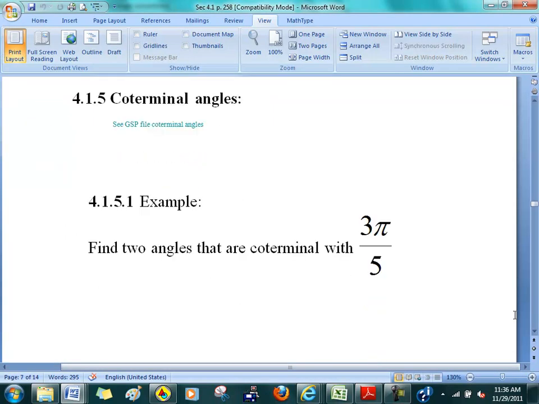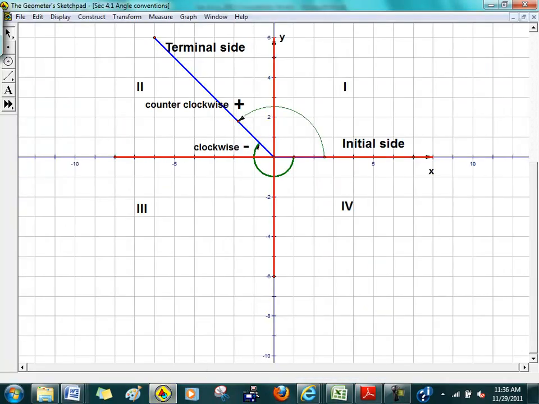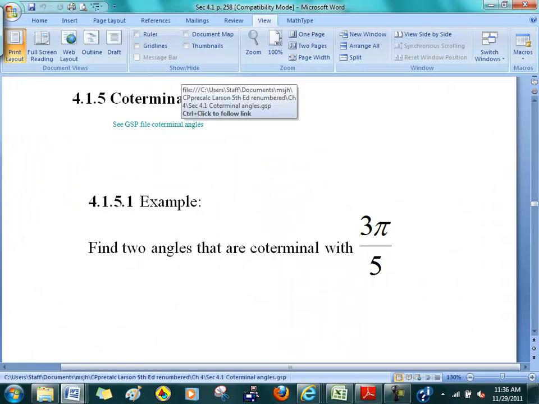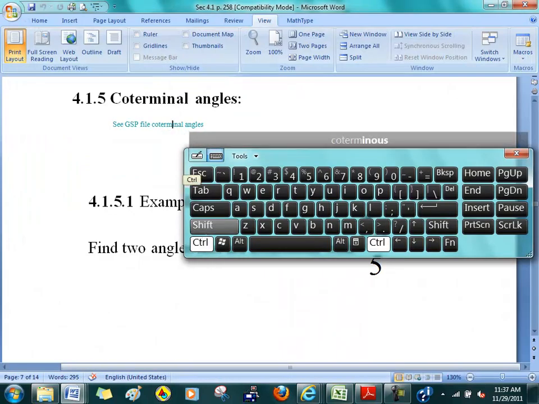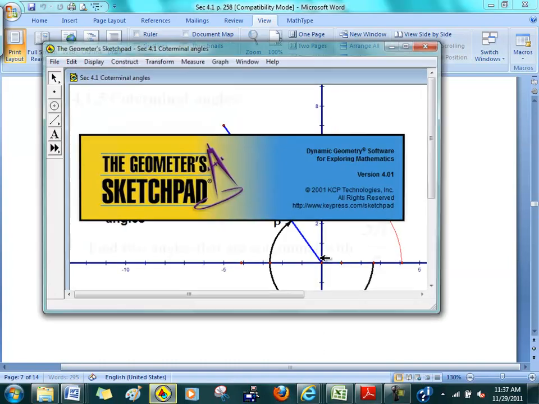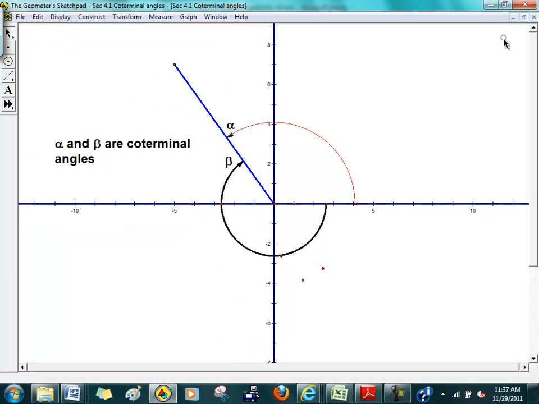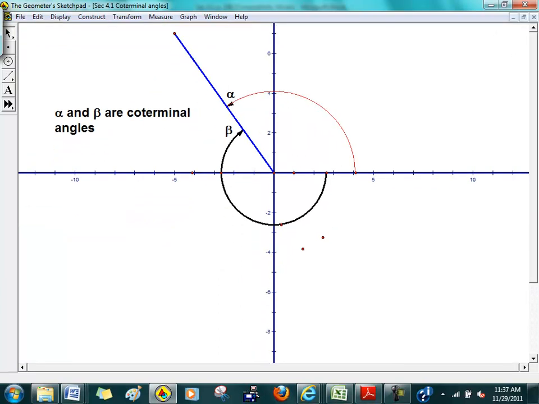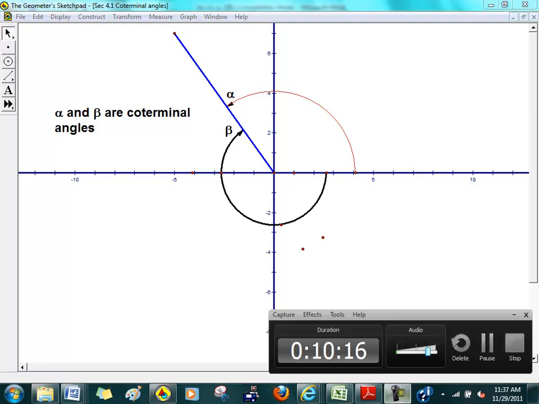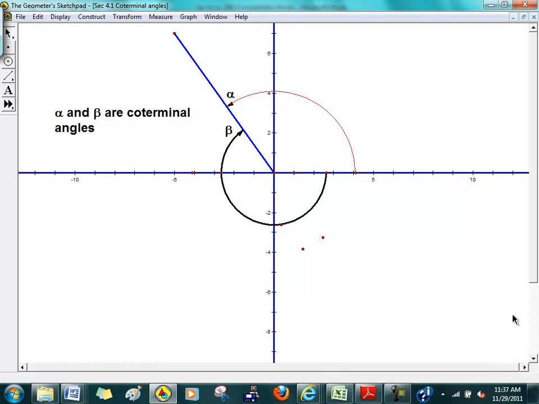Okay, coterminal angles. All right, listen up, people. The concept of coterminal angles: coterminal angles are two angles that have the same terminal side. Clearly, the initial side is always the same because it's the positive x-axis.